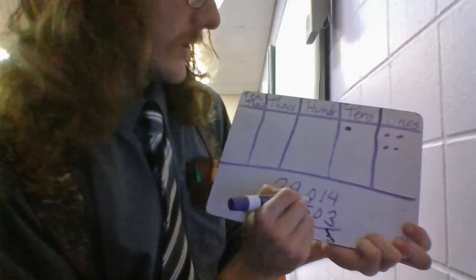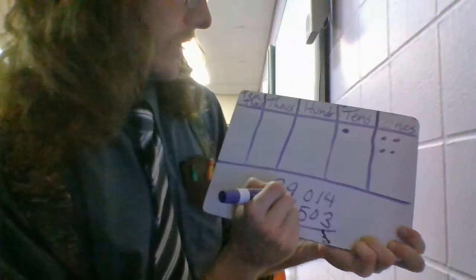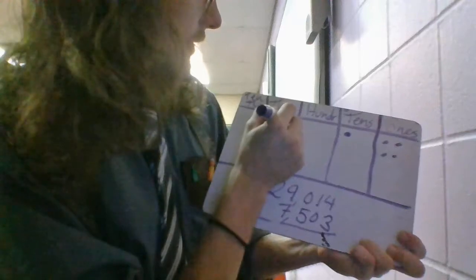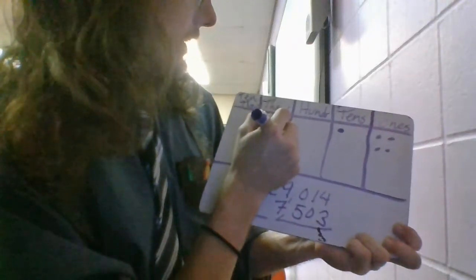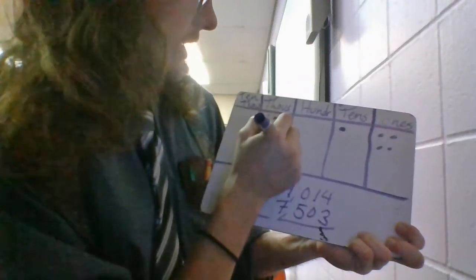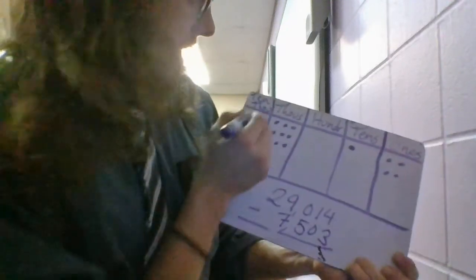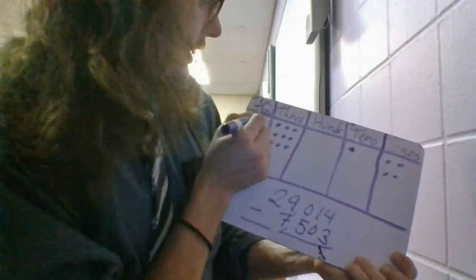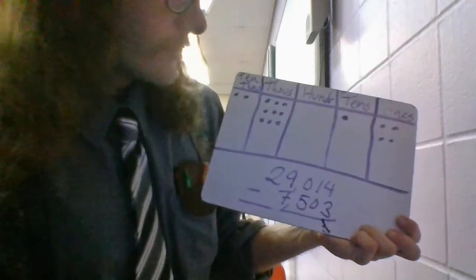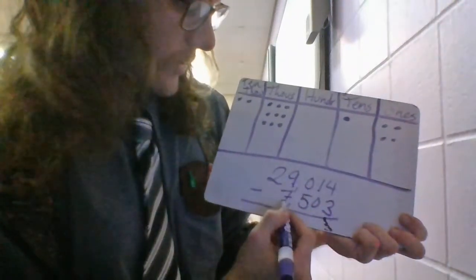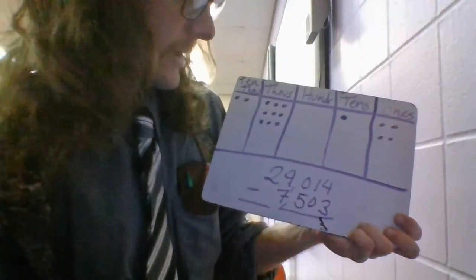We have 0 hundreds. We have 9 thousands. 1, 2, 3, 4, 5, 6, 7, 8, 9. And we have 2 10,000s. Now we're going to take away 7,503.